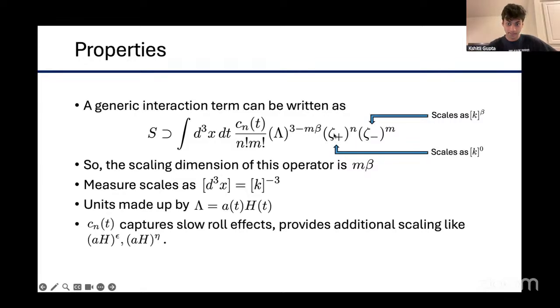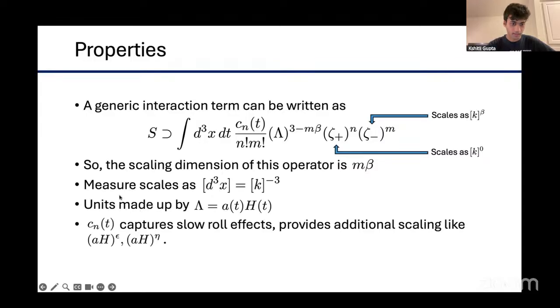Zeta plus scales as k to the 0. Zeta minus scales as k to the beta. And because the action should be scaleless, we have lambda, which also has some scaling behavior. This combines to give you a scaleless quantity. That's why we need this power of lambda.